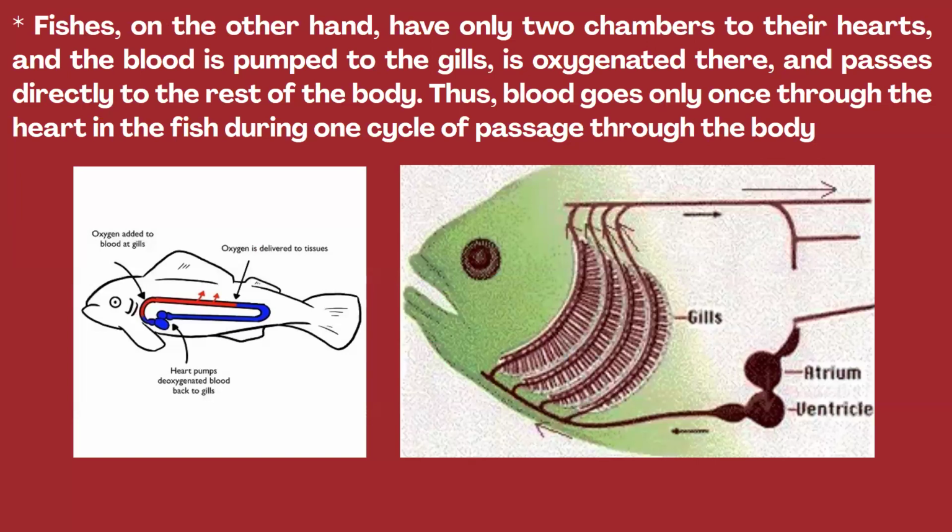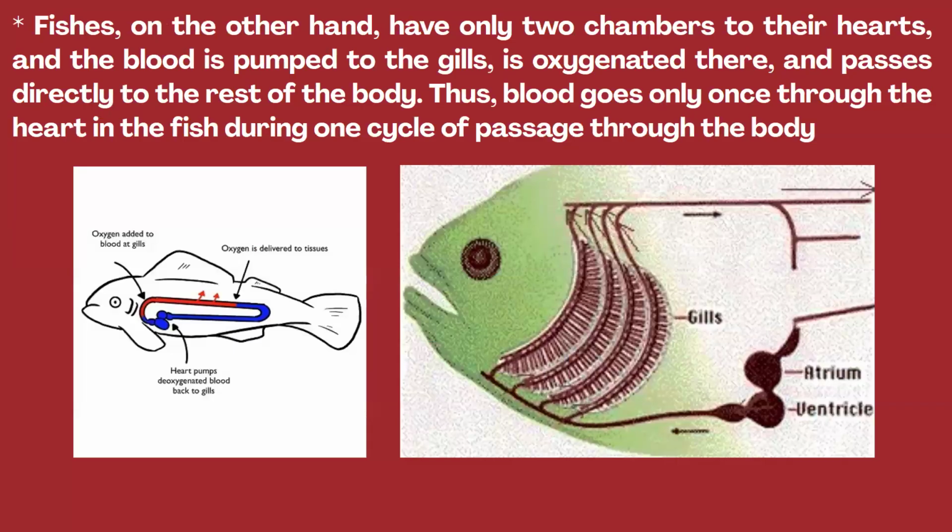Here in fishes, we can see a single circulatory system. Since it has a two chambered heart, the blood flows through the heart only one time. Just see, the oxygenated blood, the red color one, moves only one time.